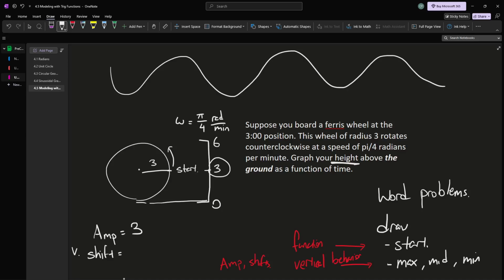Because the middle originally, think about where a middle is originally. We could see that the max and min change, but that also changes from the amplitude. The middle only changes from vertical shifts. So the middle originally for basic graphs of sine theta or cosine theta is 0. But now it's 3. So my vertical shift is plus 3.